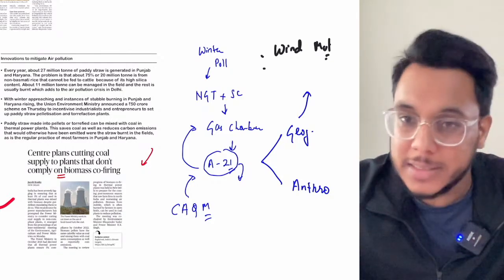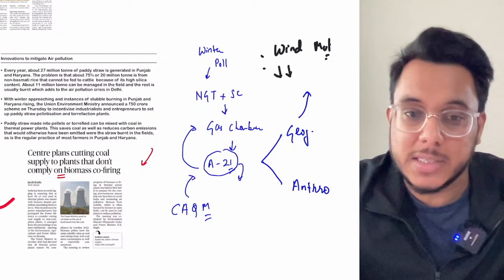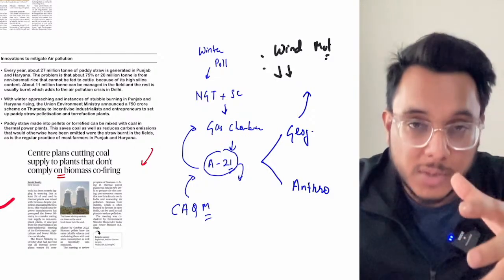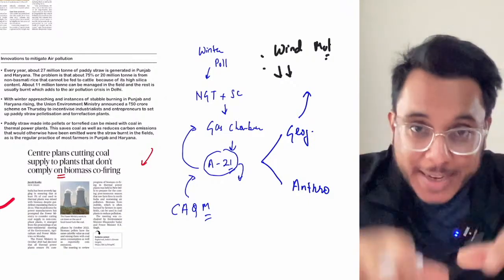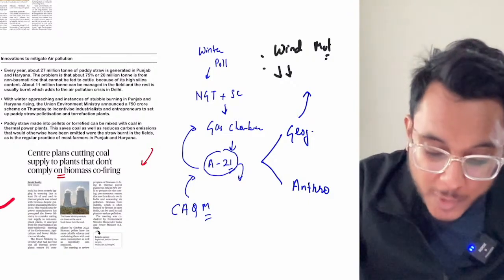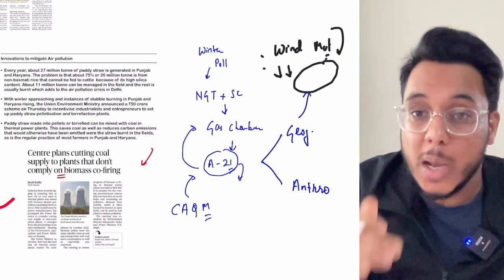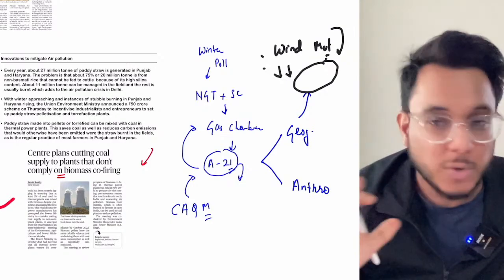Moreover, this is the time when the temperature starts to reduce. The land becomes cold, the wind becomes heavy and rests at the ground. So the polluted wind rests around the ground and is not able to spread because there is no wind movement. That is the issue.